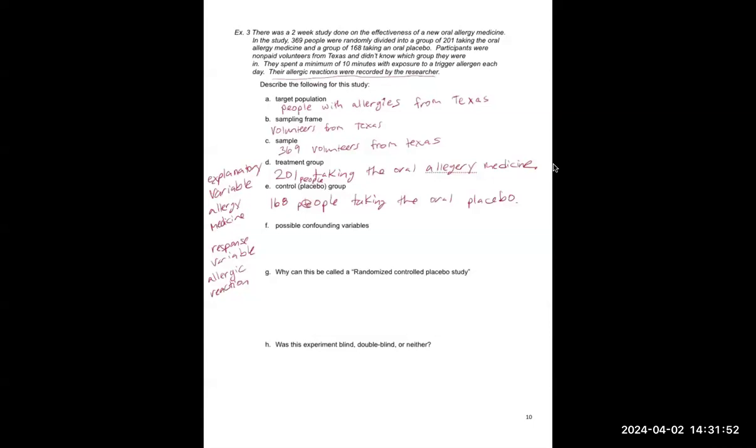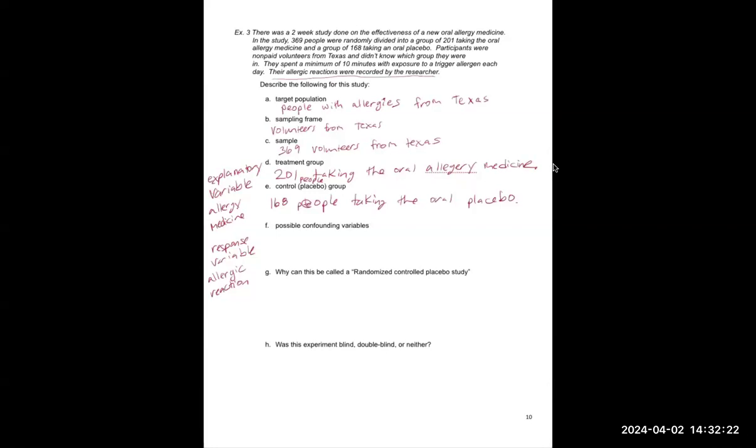Some people are allergic to peanuts while others are allergic to pollen. So, I mean, not everybody is allergic to everything. To me, I think it might be confounding if people are allergic to different things.